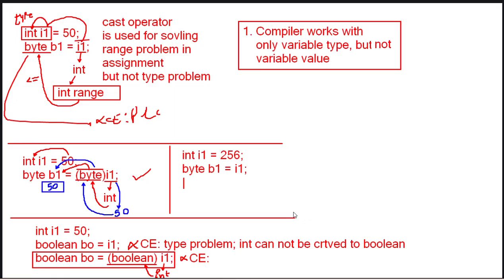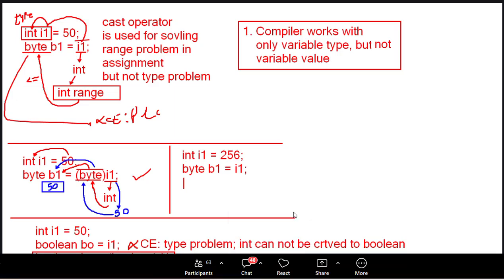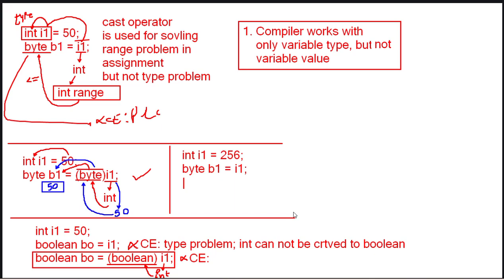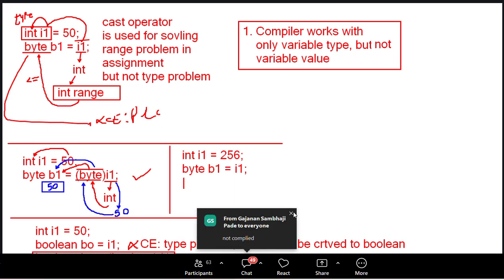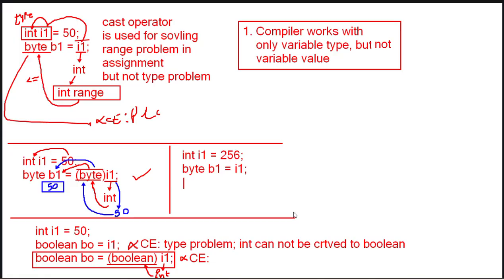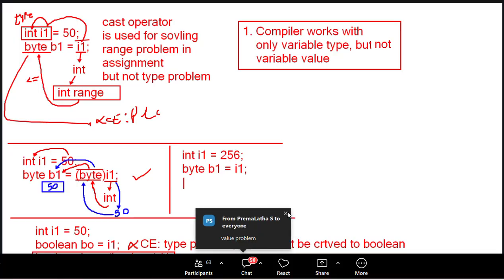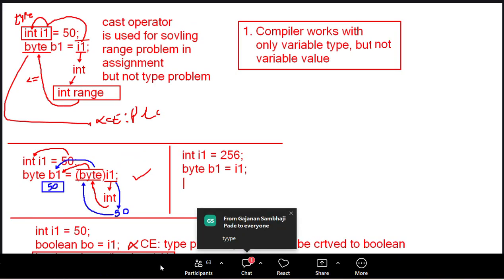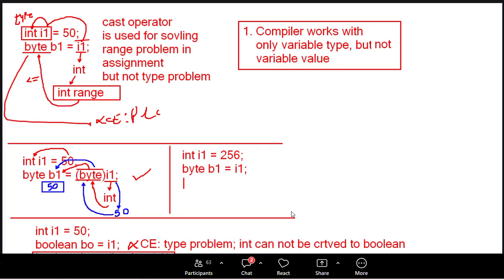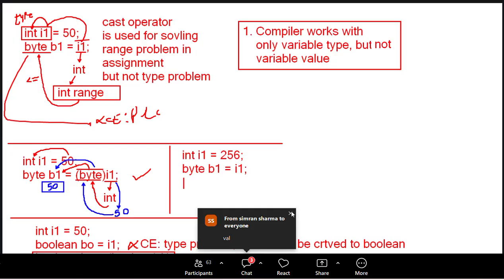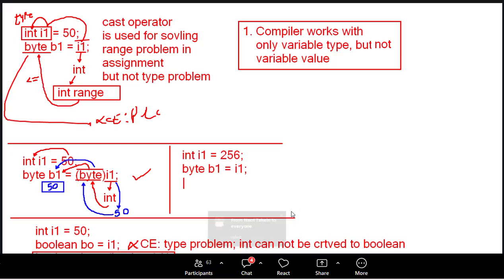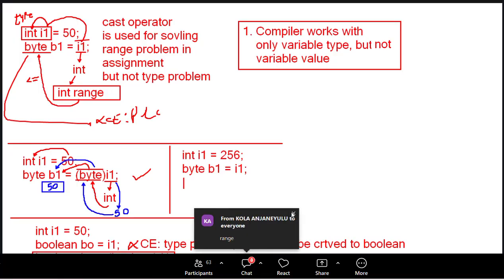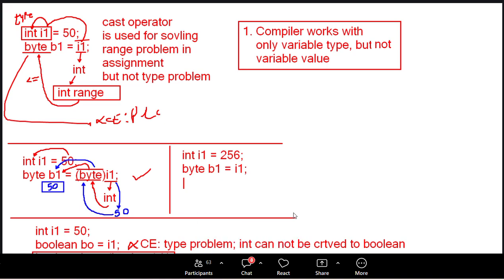Not compile. Which problem? Compiler throws error because of I1 type int, or because I1 value is 256? The compiler now throws error because of value.